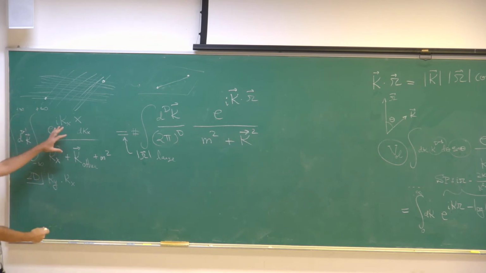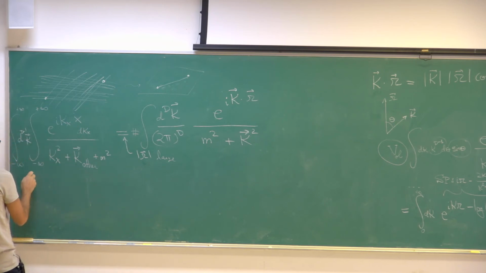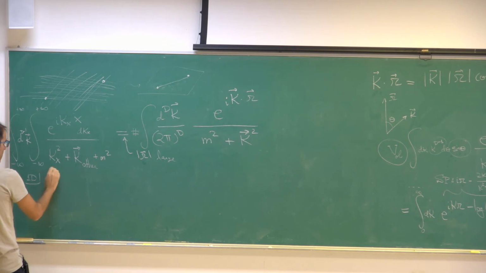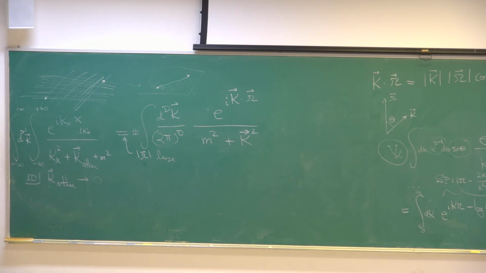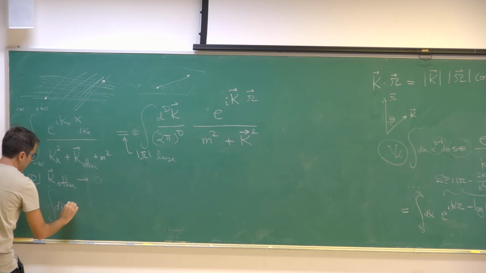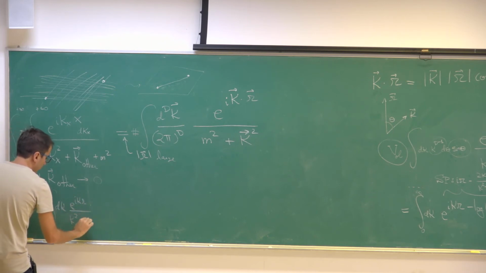So let's do this integral in a few examples. Let's start with 1 dimension. In one dimension, there is nothing else. There's only kx. And then we are doing what you said. Integral dk e to the i k r over k squared plus m squared.